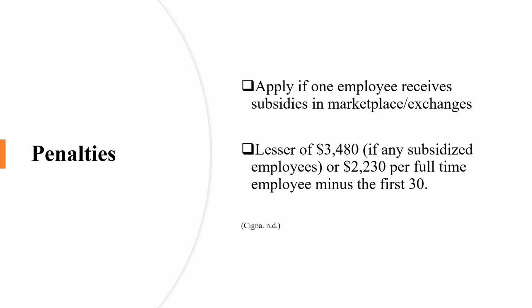Now, the penalties for not meeting this are, I don't know if they're that severe, but penalties will apply if any of the employees becomes eligible to receive subsidies in the marketplace and exchanges, which we will talk about.